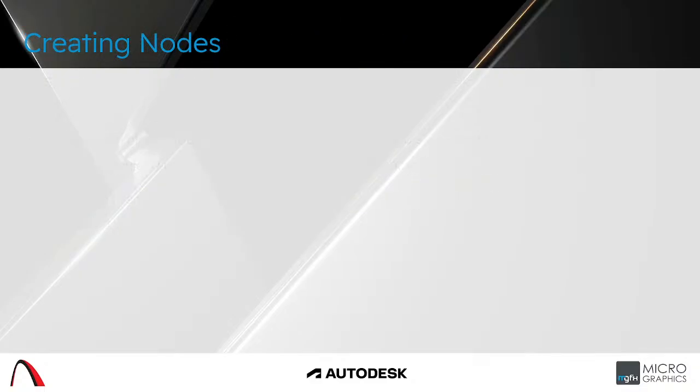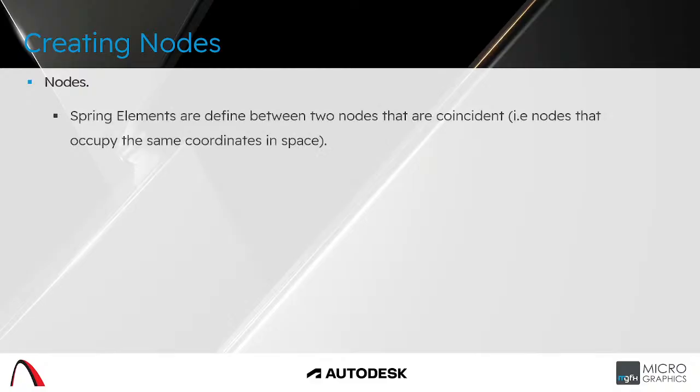And like I said, the first thing that we're going to do is create nodes in frame analysis. But firstly, in terms of nodes, when we have spring elements, spring elements are defined between two nodes that are coincident, meaning the nodes that you create for spring elements as well as your substructure have to have the same coordinates in space.